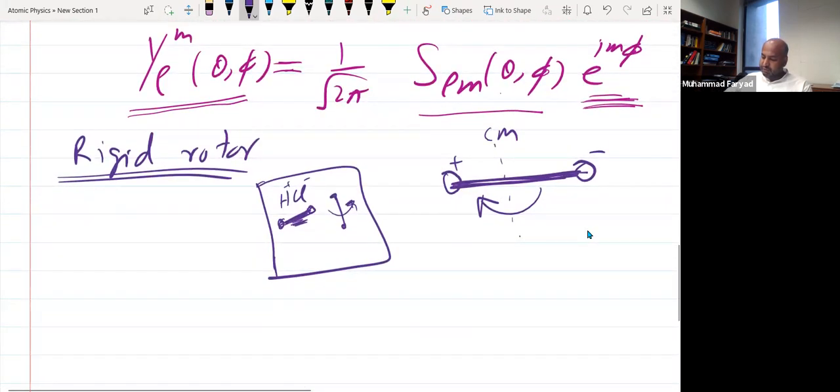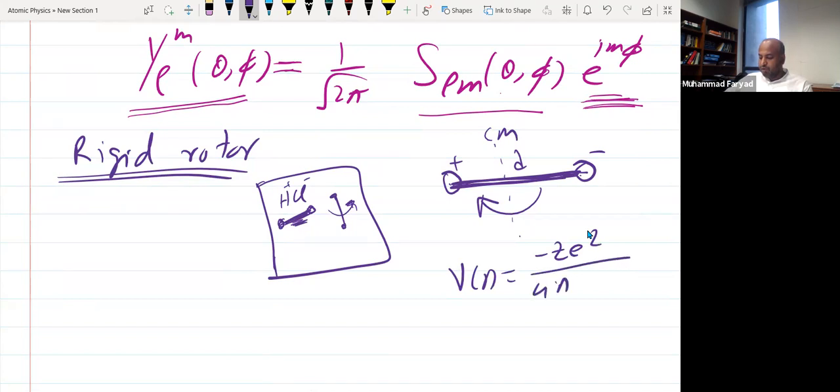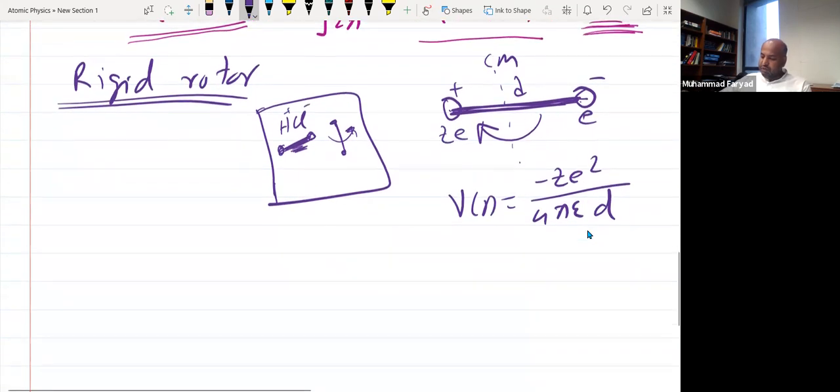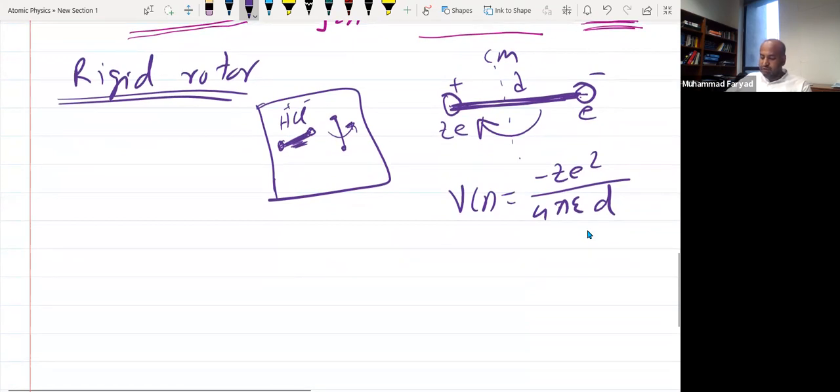Let's say the distance between this charge and this charge is D, which means that our potential energy, which we just wrote as minus ZE square over 4 pi epsilon R, is now just D, if this charge is ZE and this is E. But when we talk about the rigid rotor, it's better to say this charge is Q1 and this charge is Q2, because then you can use it in a more general setting.